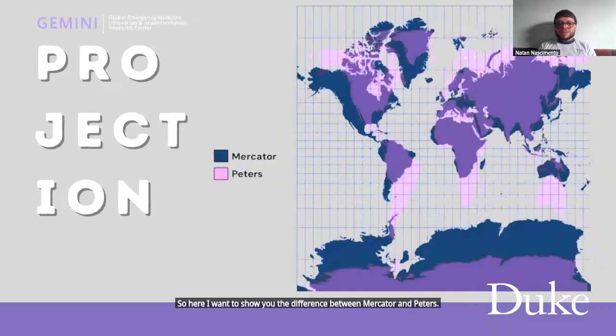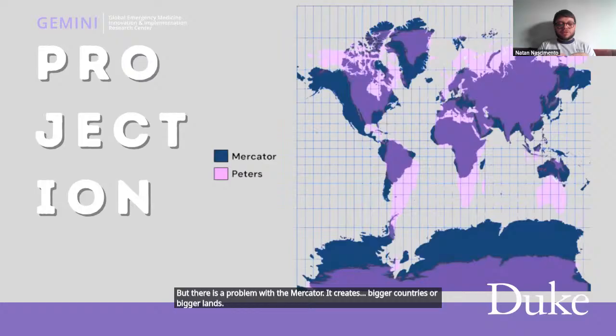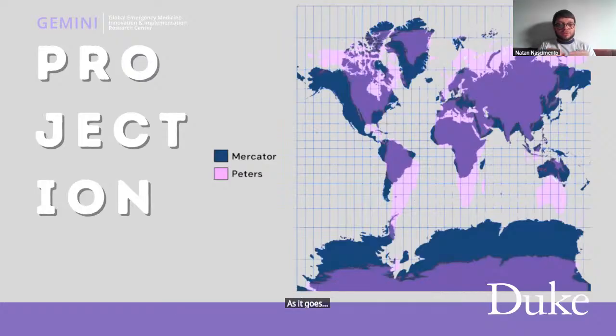We've probably seen the Mercator a lot, so it's the standard for almost every map. But there is a problem with the Mercator. It creates bigger countries or bigger lands as it goes further from the equator. So the equator is here.